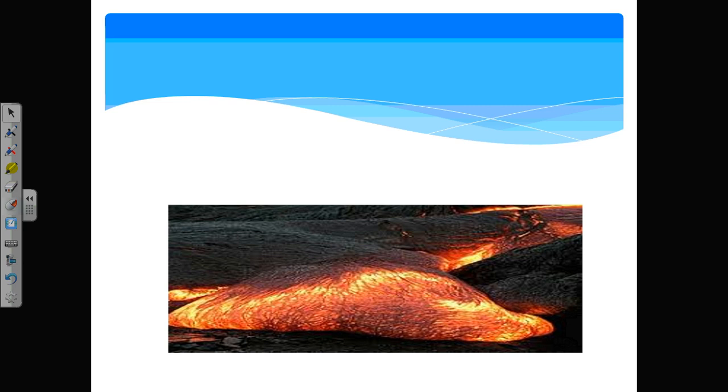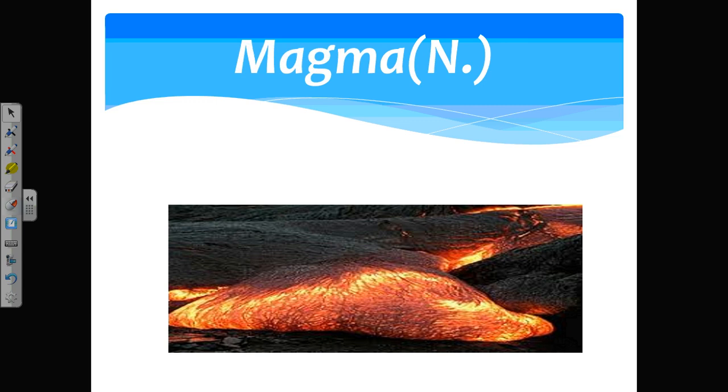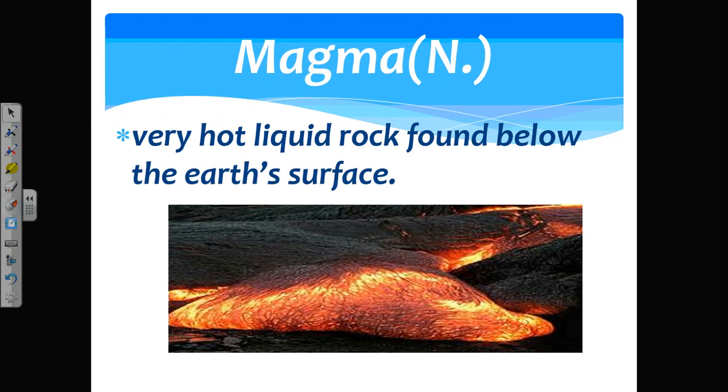What is this? Wow, it's a hot liquid. What is it called? It's magma. What's magma? Very hot liquid rock found below the Earth's surface. It's the reading passage, pages 70 and 71.